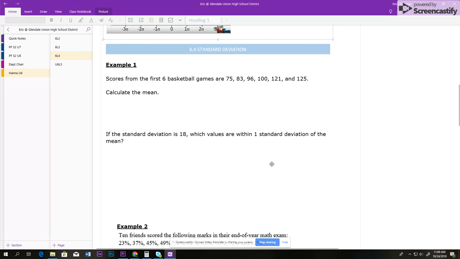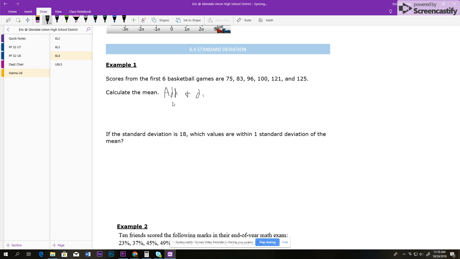All right, so let's take a look at our lesson 6.4. Example 1. Scores from the first 6 basketball games are 75, 83, 96, 100, 121, and 125. Calculate the mean. So that means that we need to add and then divide by 1, 2, 3, 4, 5, 6.